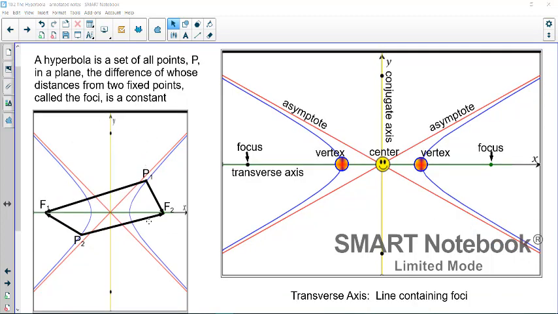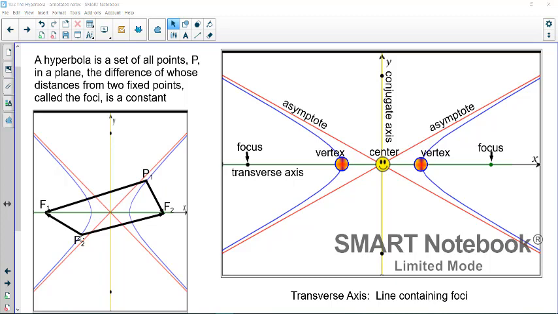But here's the difference, and I'm here on this graph on the left at first. If I pick any point on either of the curves and I draw a line from that point to one focus and to the other focus, and I subtract those distances, then I pick a different point anywhere on the same hyperbola curve or on a different one, and I measure that distance to one focus and that distance to the other, and I subtract, that difference is a constant.